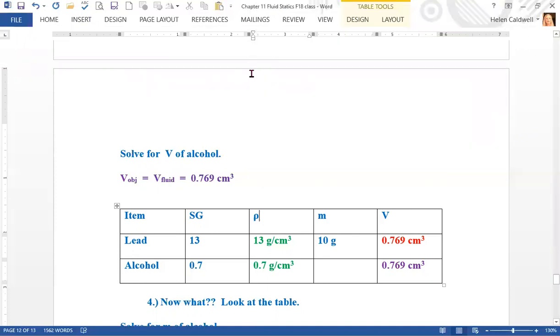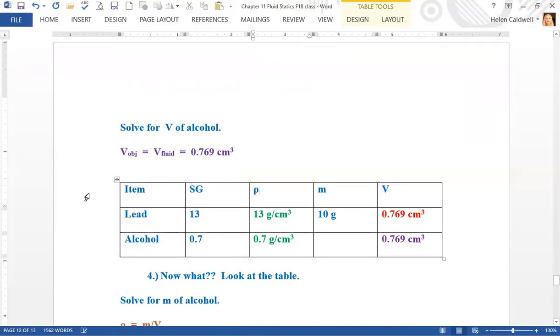I just now noticed it. It's probably been wrong in the other tables too. What happened is the computer capitalized it when I wasn't looking. It's a rho, not a P. This is density. If you wanted to write the words, you certainly could.